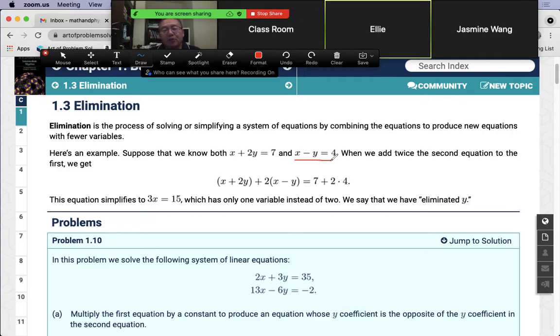If we try to cancel out x, what number do we need to multiply to the second equation to make us cancel out the variable x, only having variable y left? So Jasmine, can you answer this question?